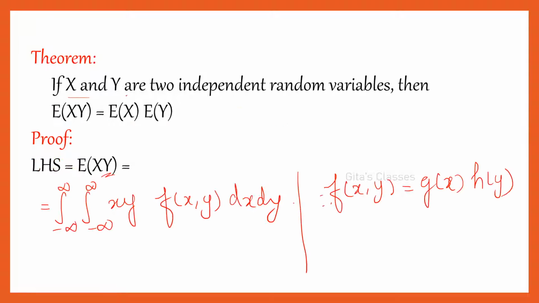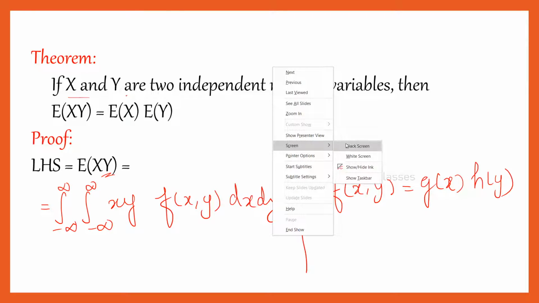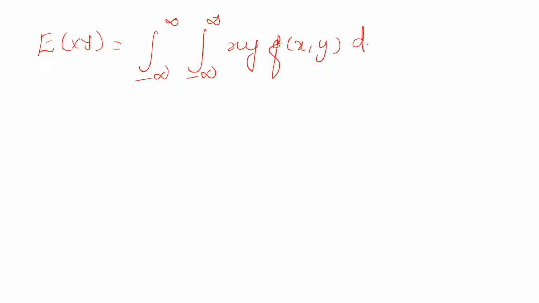So we have E of XY equal to the double integral from minus infinity to plus infinity of xy into f of x comma y into dx dy. Now in the place of f of x comma y, I can write g of x into h of y.